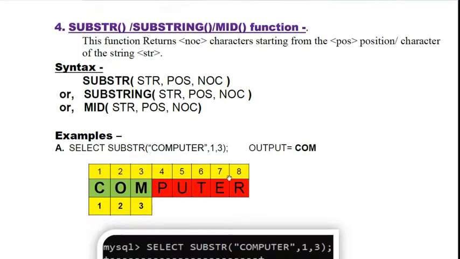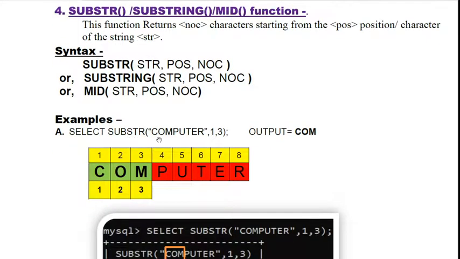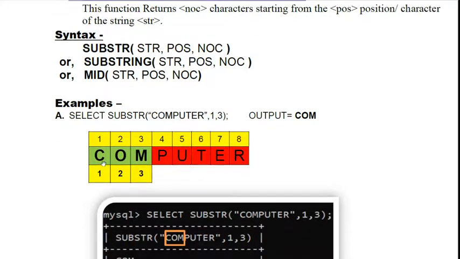Here's the first example. Select substr computer 1 comma 3. So arguments are delimited with a comma. As per the syntax, POS is the position. Then the last argument is 3. So it will start reading the letters from the first place, and how many letters will it read? 3 letters.